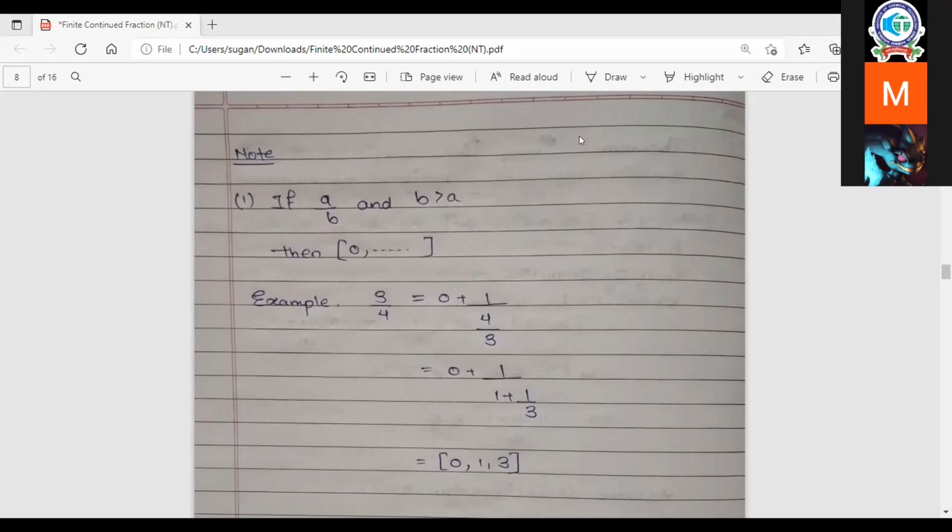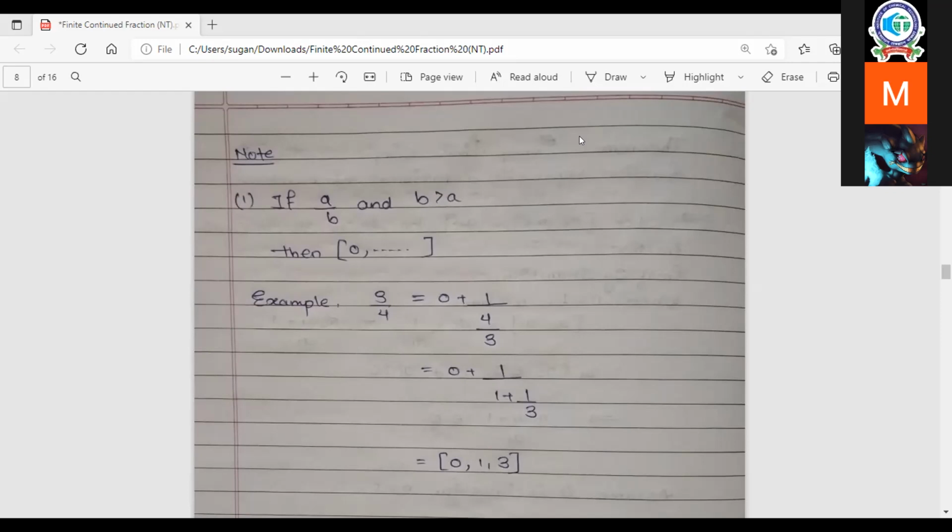And the second result you proved: if you take a finite continued fraction, then it represents a rational number. So if it is a rational number, then it is in the form of a finite continued fraction.